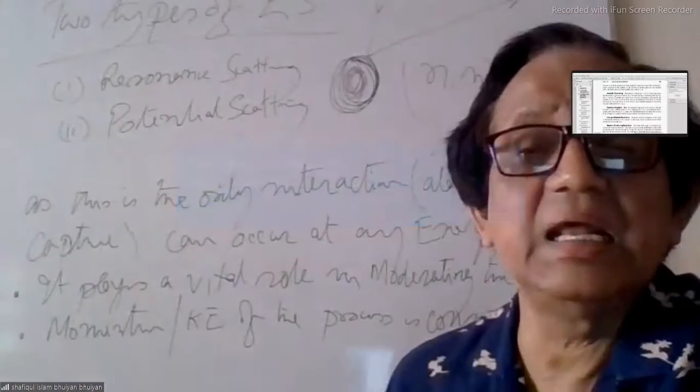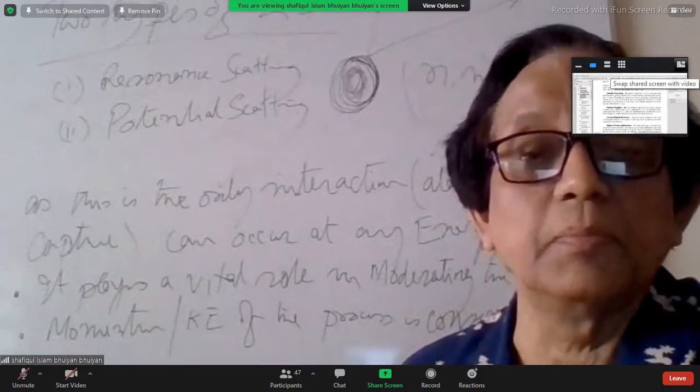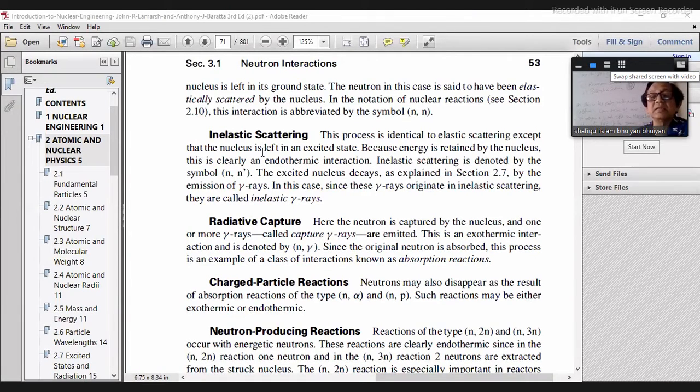So the inelastic scattering, I'm just going through the book. The process in inelastic scattering is the same as the elastic scattering, except that the nucleus is left in an excited state. What happens is that the neutron comes and shares some energy with the nucleus. Because the energy is retained by the nucleus, this is clear in an endothermic reaction. You understand what is exothermic and endothermic interaction. Inelastic scattering is denoted by n prime.